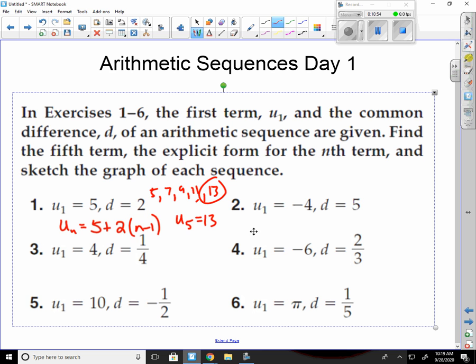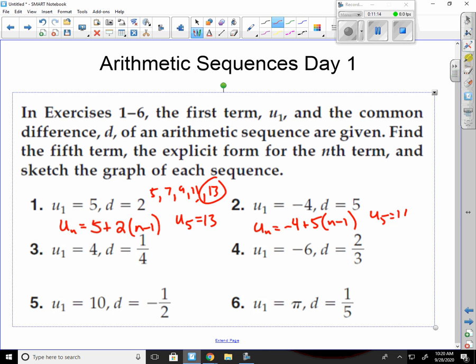Next one. U sub 1 equals negative 4. So u sub n equals negative 4 plus 5 times n minus 1. Find the fifth term, you plug 5 in for n. 5 minus 1 is 4. 5 times 4 is 20. Minus 4 is 16.